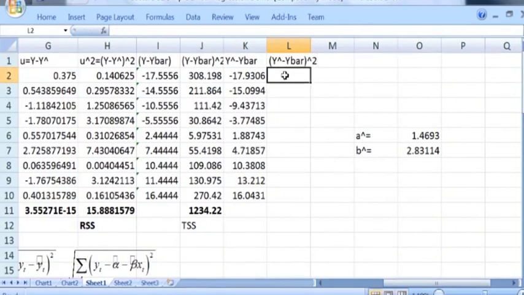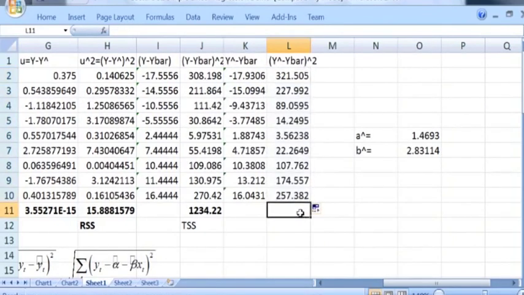So just square this entry. K2 square. Press enter, copy it down as well, and use the sum command to get the explained sum of squares. So it is 1218.33. So this is ESS, and remember that R square is ESS divided by TSS.